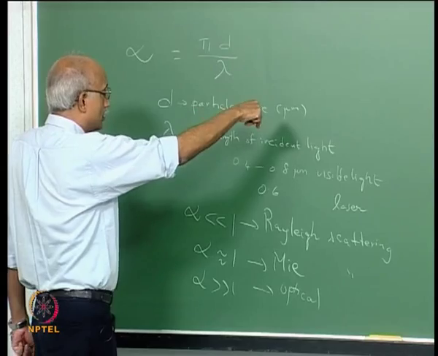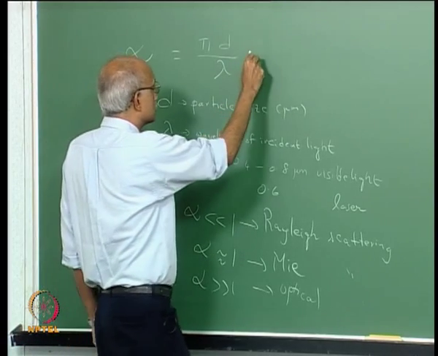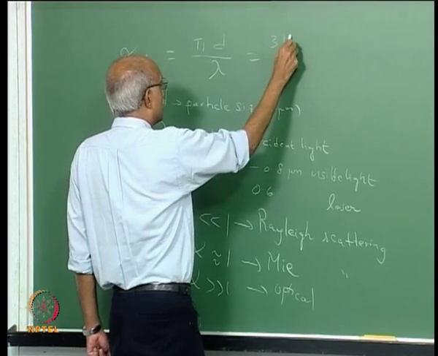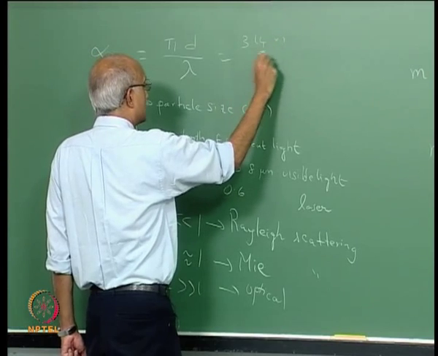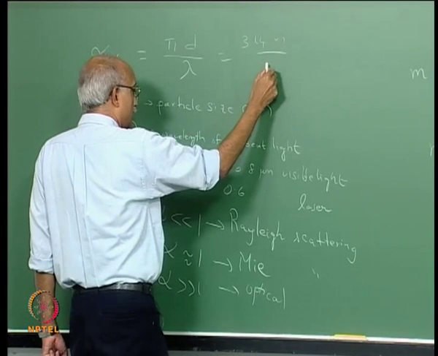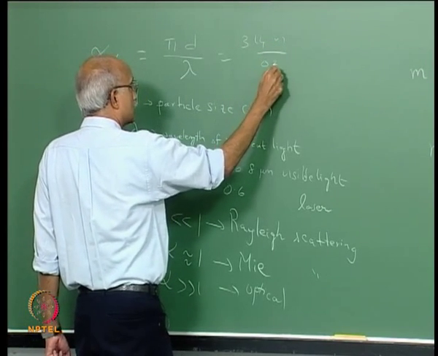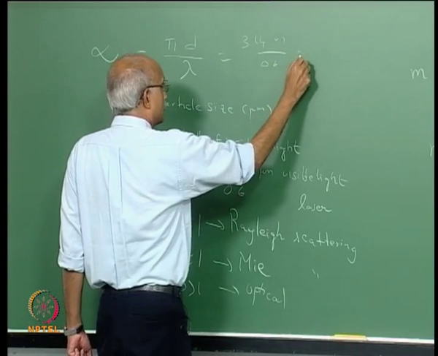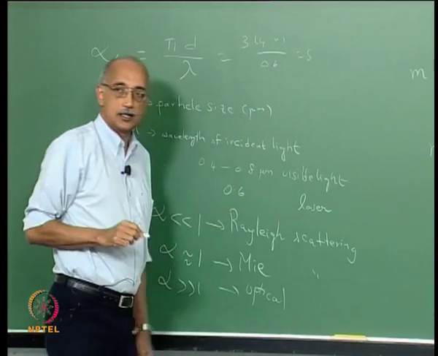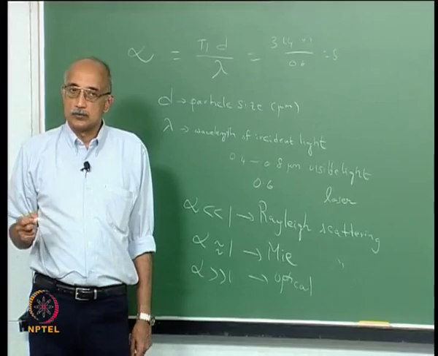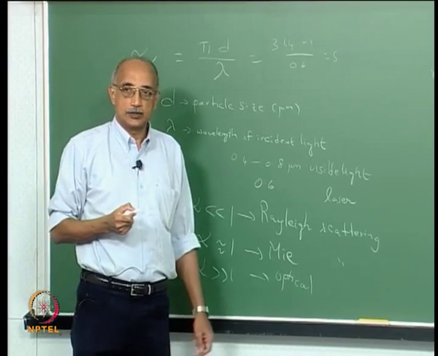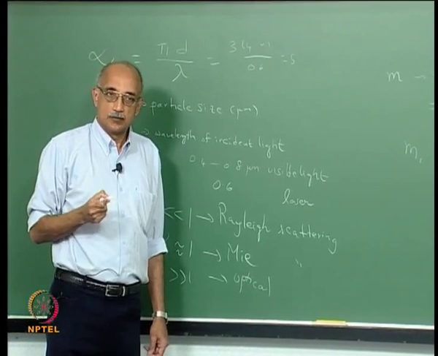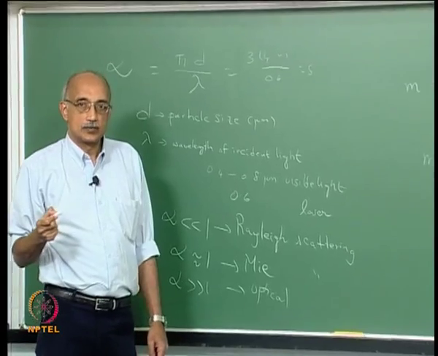So this works out to about 3.14 times 1 divided by, let's say, 0.6. It works out to roughly 5, which is clearly not much less than 1. So when we talk about alpha values being much smaller than 1, we are talking about submicron particles.